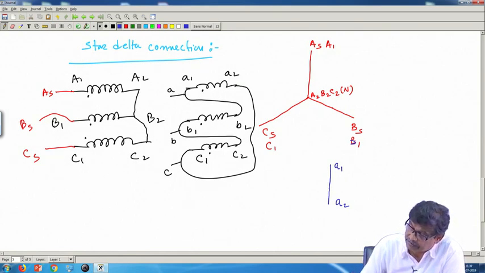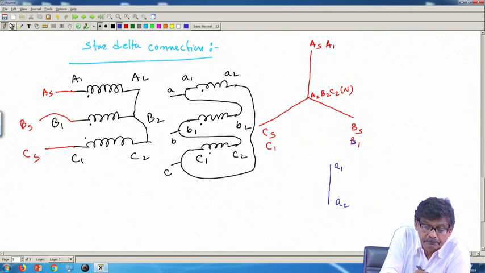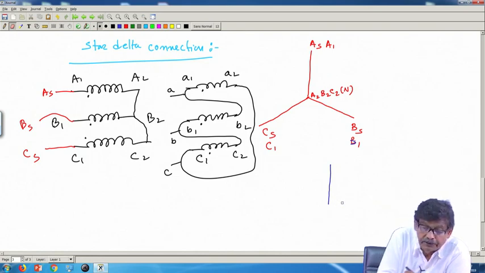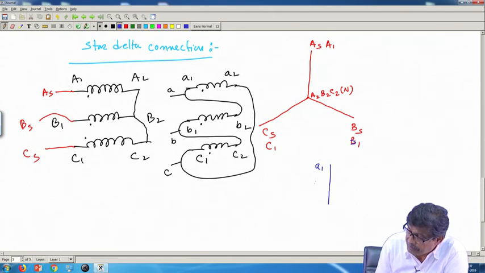So, move this B2 with B1. So, it must be like this. I will first write this A1 A2 here, this side A1 A2 fine with this, then B1 B2 I will draw like this.